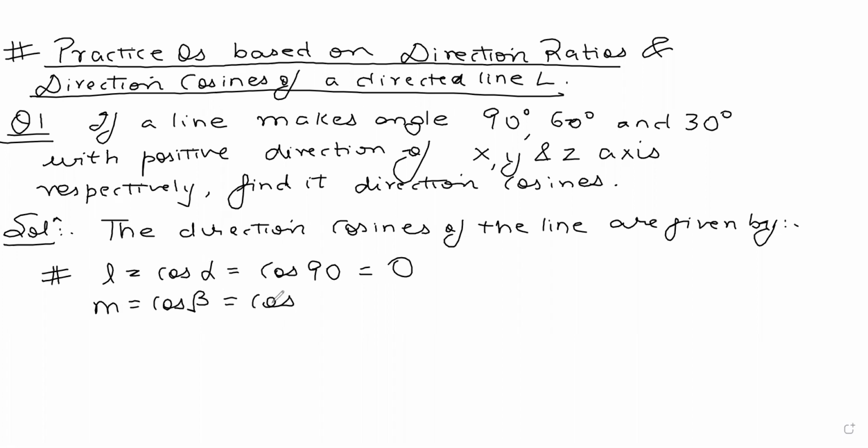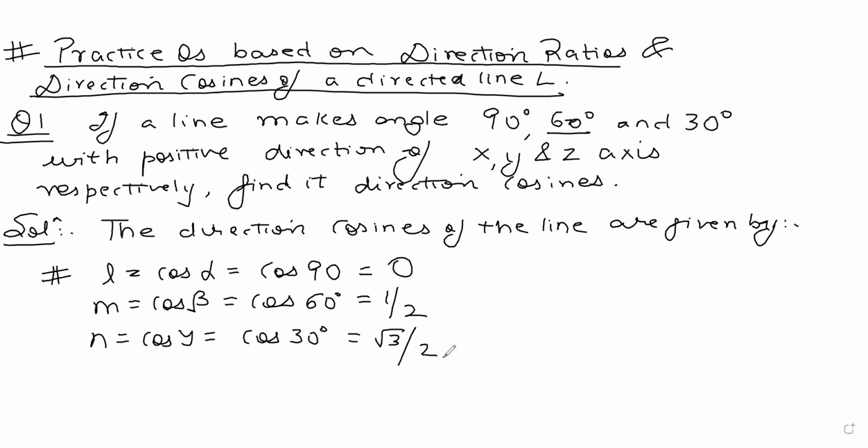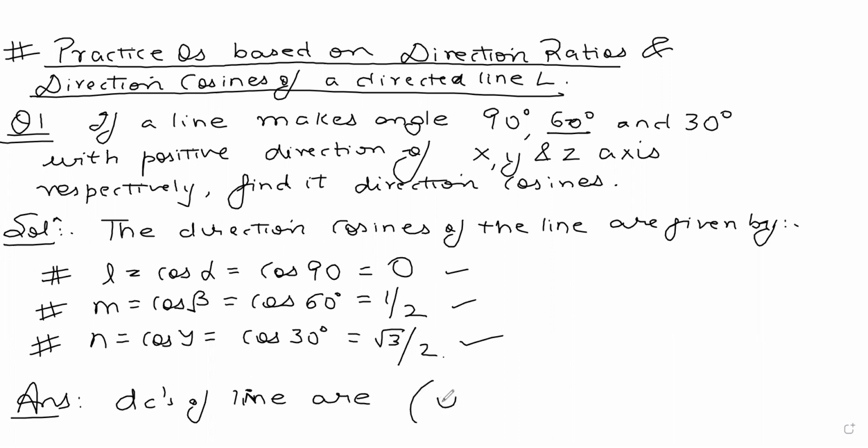Beta is 60. Cos 60 is half. And N is equal to cos gamma. Gamma is 30. So cos 30 is √3/2. So we can say that the direction cosines of this line are 0, half, √3/2.